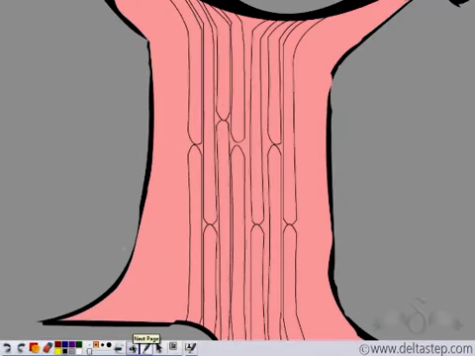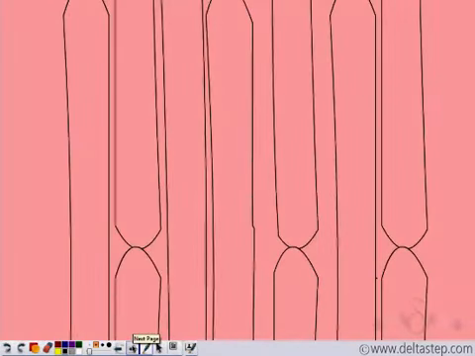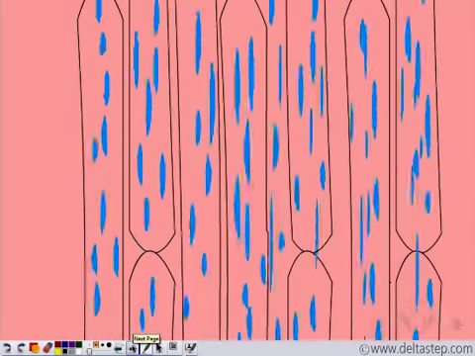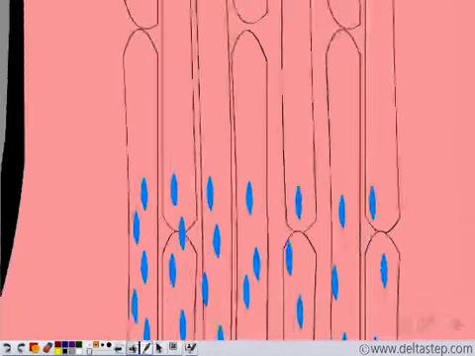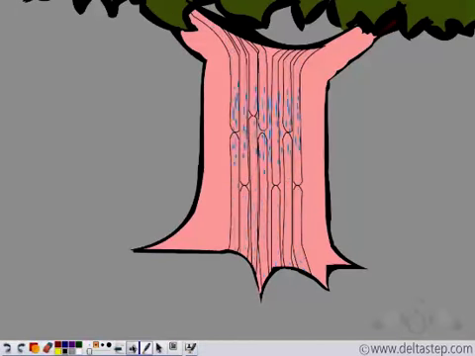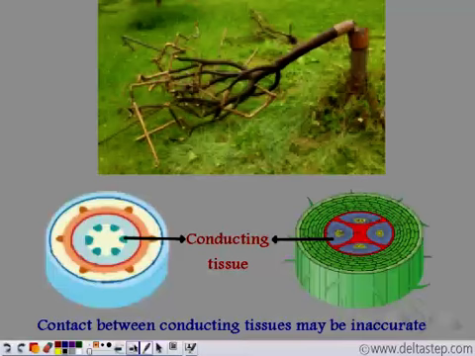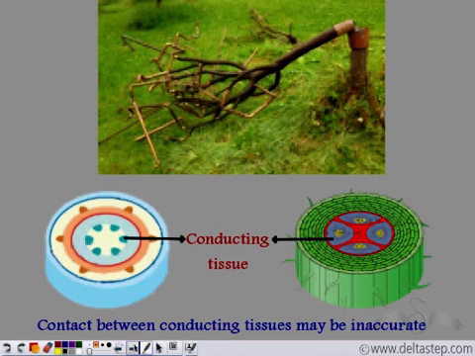Plants have these pipe-like tissues known as conducting tissues which help in the transport of water and minerals from the soil upwards to the different parts of the trees. Now, if a stalk and a scion is of different species, then there is a probability that the contact between the conducting tissues may be inaccurate.